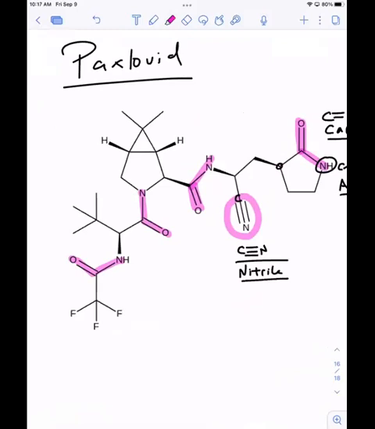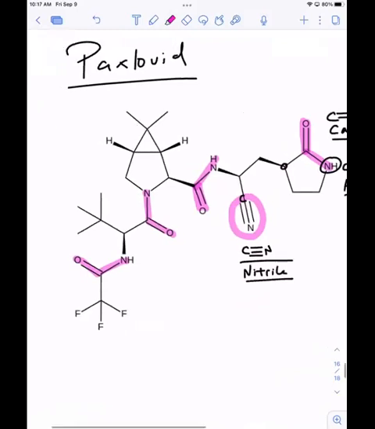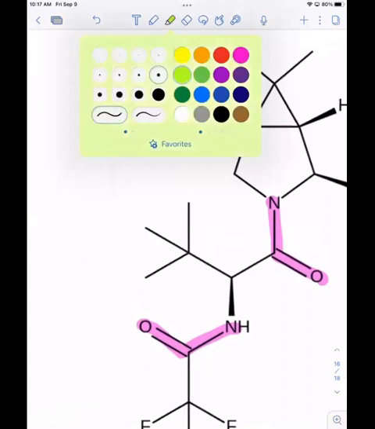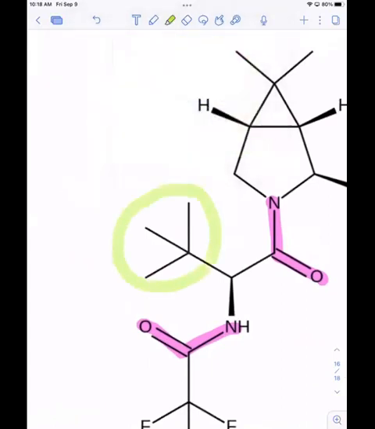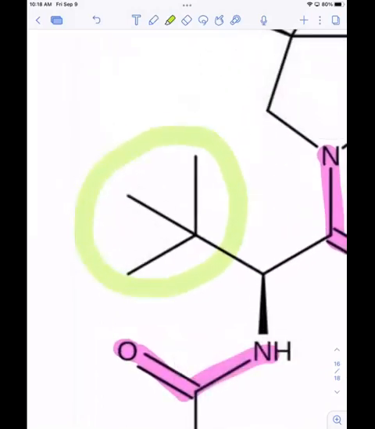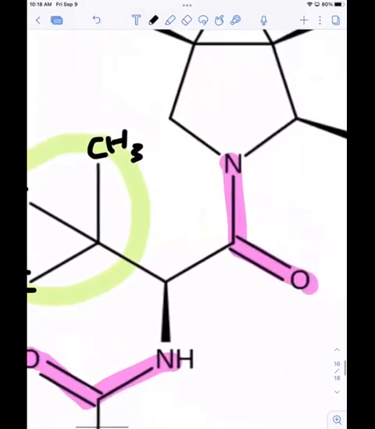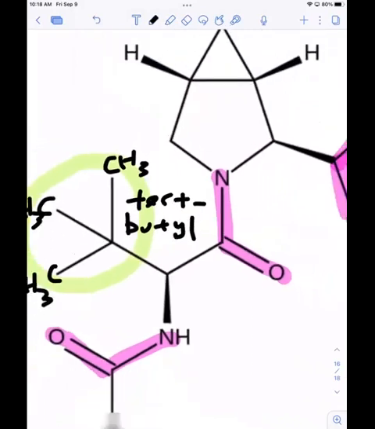All right. If you look here, that's 3 carbons. Is that right? The end of every line is a CH3. So those are 3 CH3s. What we call this group is a tertiary butyl group, tert butyl.